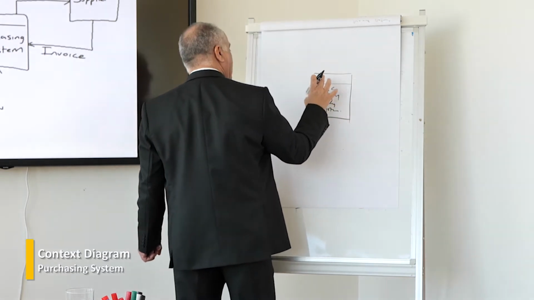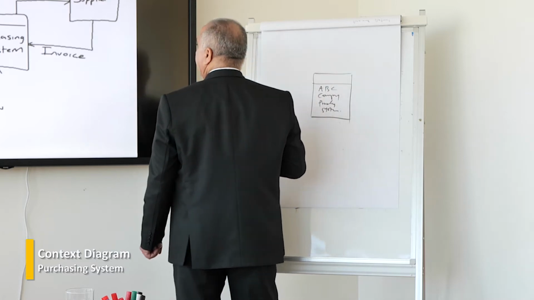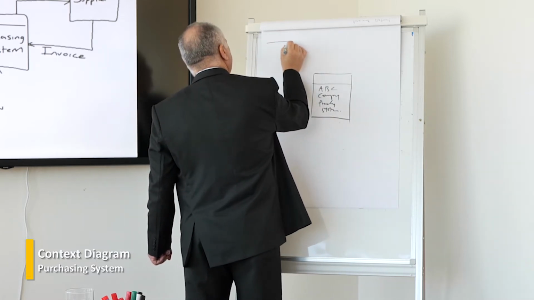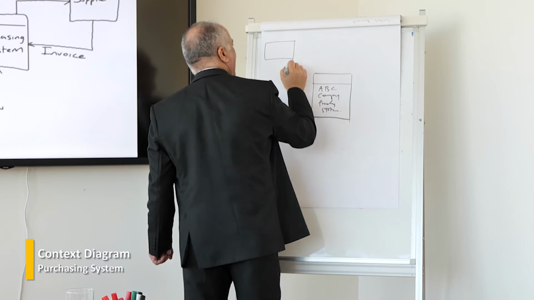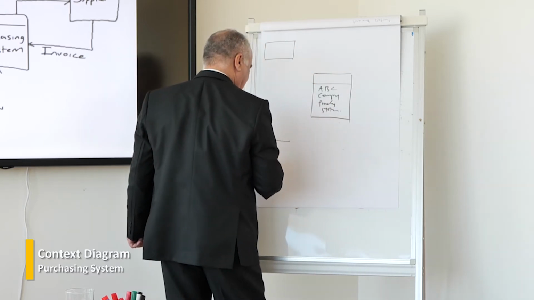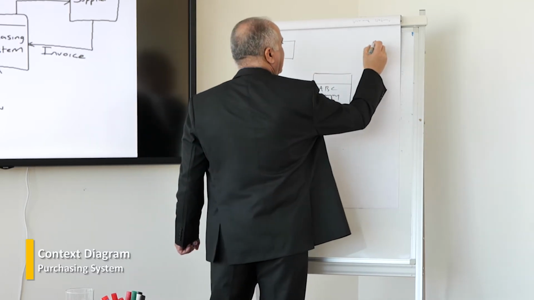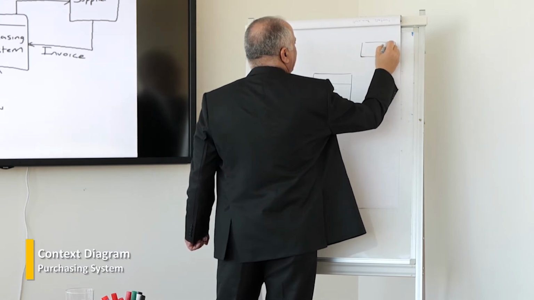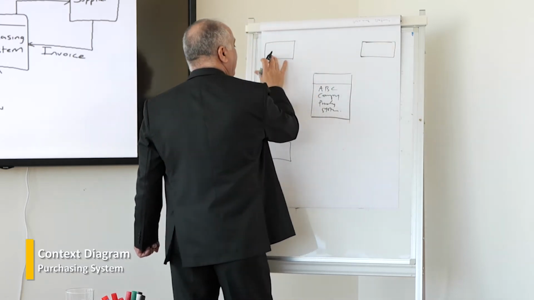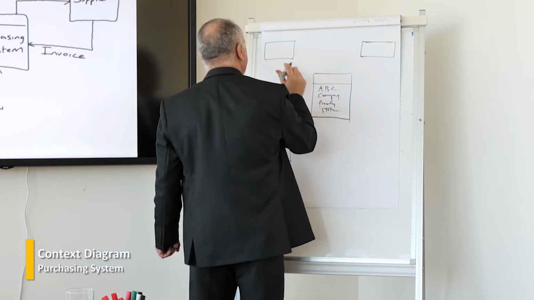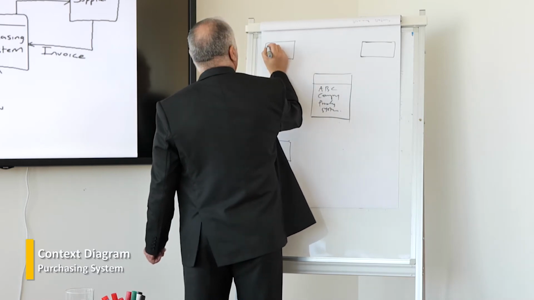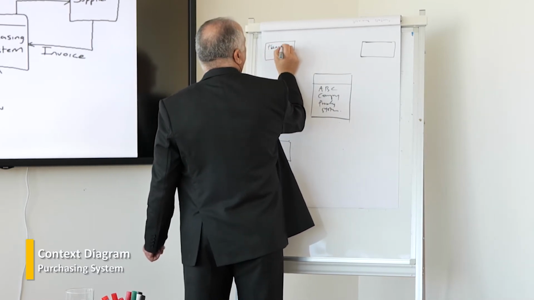That's the name of the system. Now we have this system interacting with 3 external entities. The first entity is the people who are requesting. We call that the planning department.